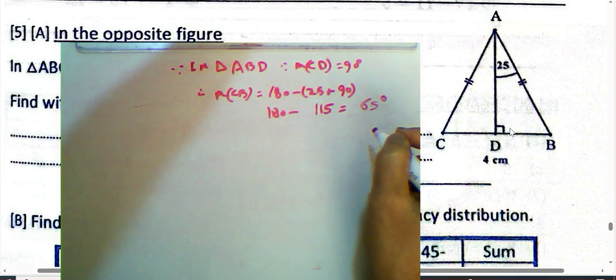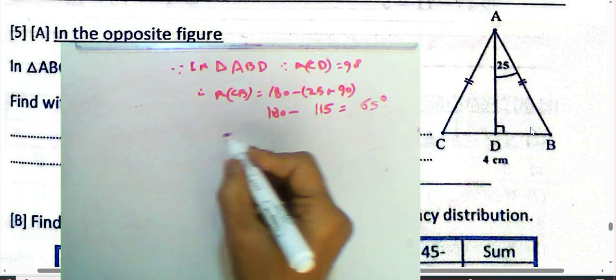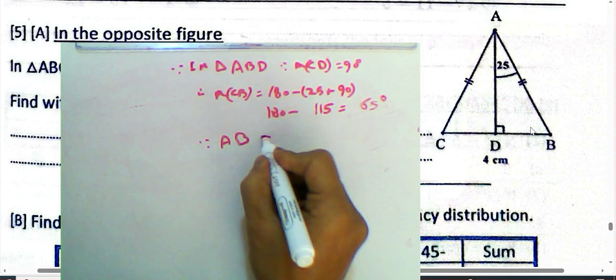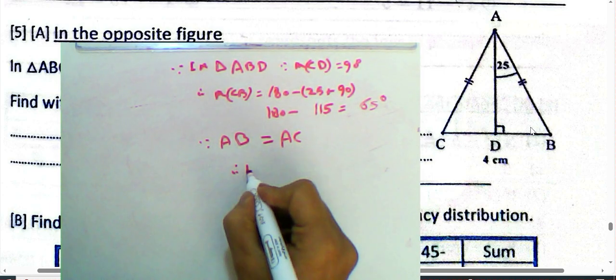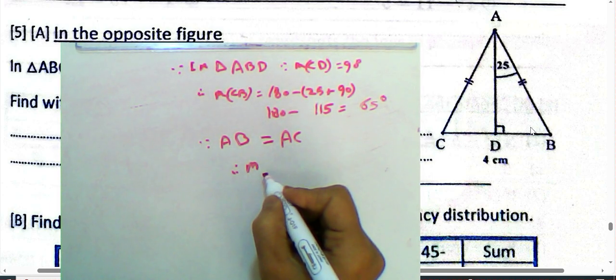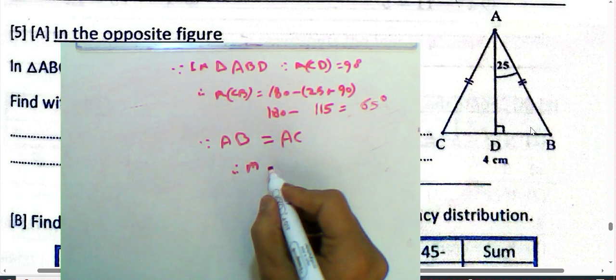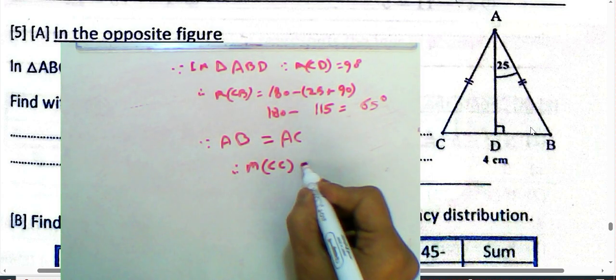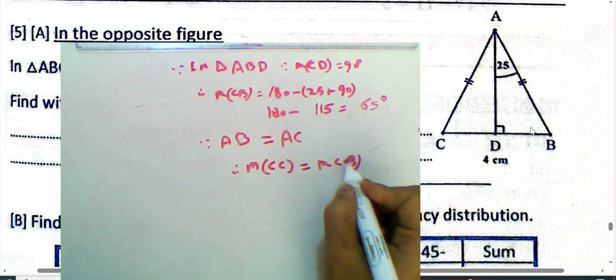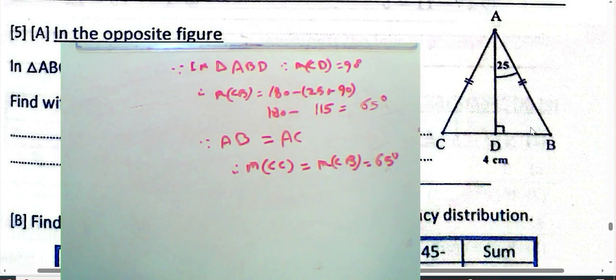Angle B will be 65 degrees. Such that AB was equal to AC, then the measures of the two angles in the base are equivalent. The measure of angle C equals the measure of angle B, which equals 65 degrees. So direct questions. Next question.